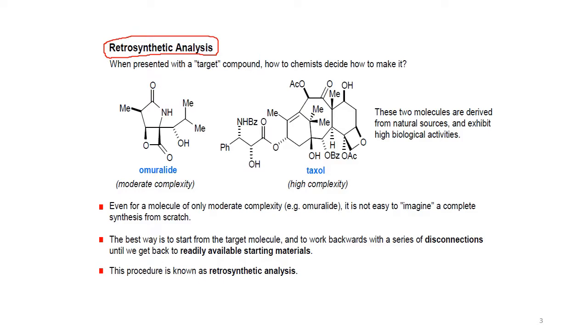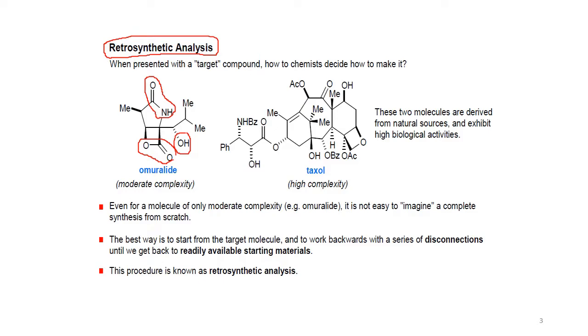This compound has a moderate complexity, meaning you can see quite a number of functional groups in here. You can see there is an ester, there is also an alcohol, and there is also an amide here. So let's think, how can we make this compound?